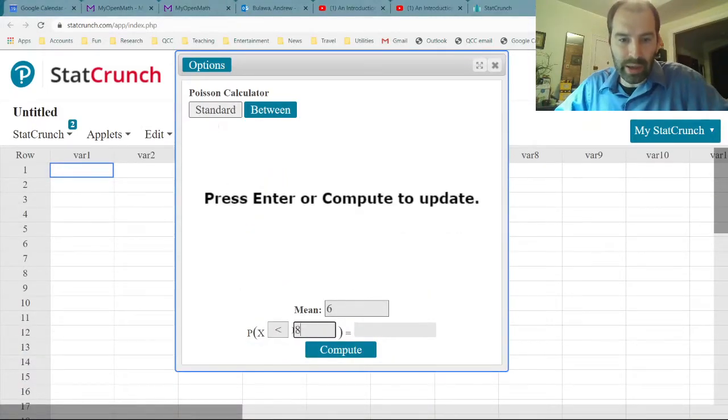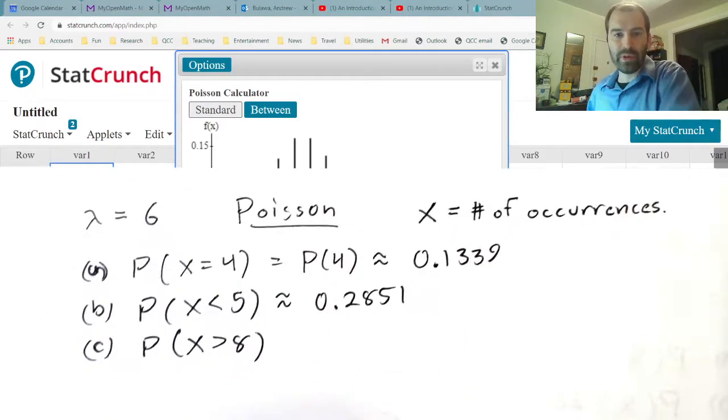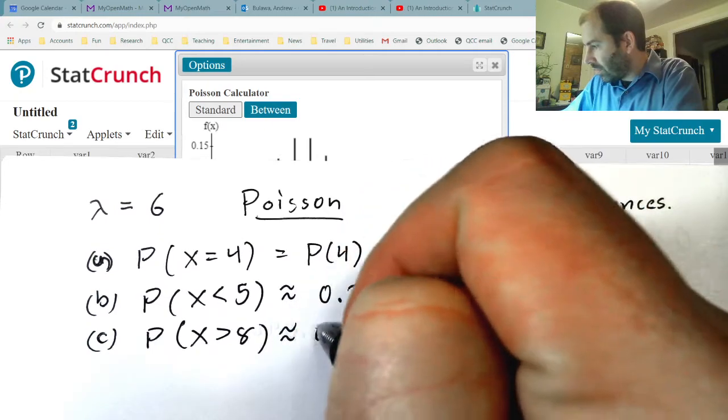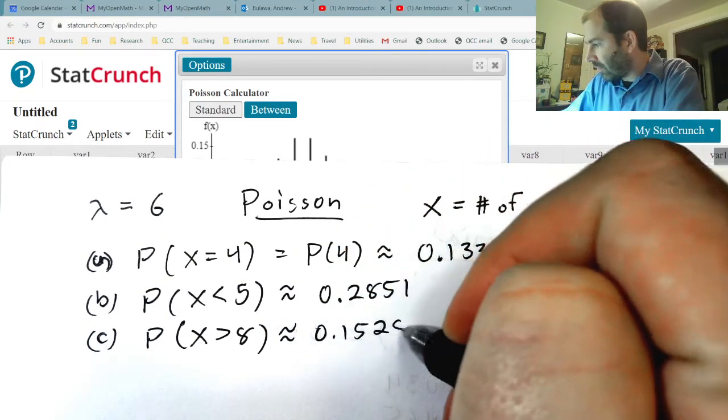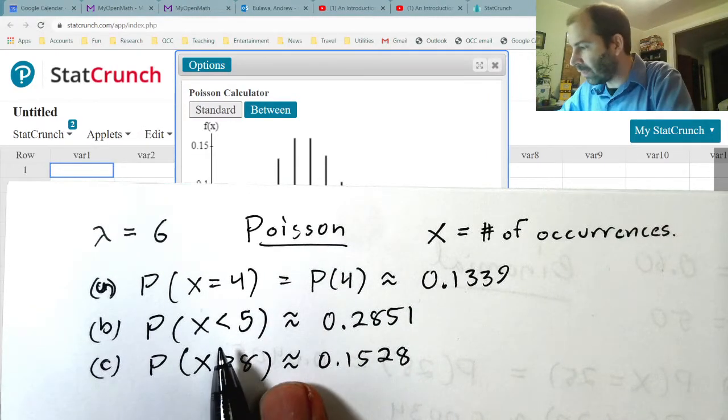We want 8, we want greater than, and here it is, 0.1528 if I round. Okay.